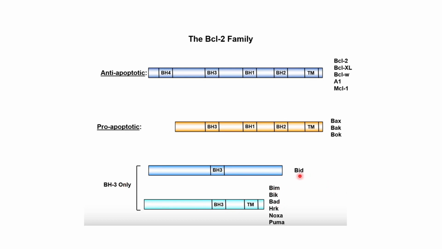In BH3-only there are also Bid, Bim, Bik, Bad, Noxa, Puma. Okay, so all this BH3 family actually helps to promote the apoptosis pathway by inhibiting the anti-apoptotic protein and activating the pro-apoptotic molecule. Okay, so that is the role of BH3.